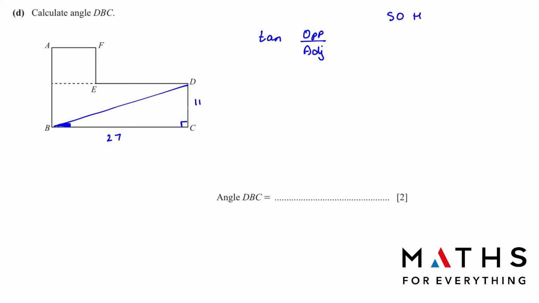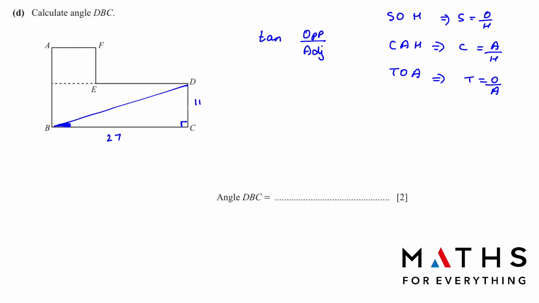Memorize it like that: SOH CAH TOA. Sine is equal to opposite over hypotenuse. Cos is equal to adjacent over hypotenuse. And tan is equal to opposite over adjacent. Trigonometry is an important part in the later years too.